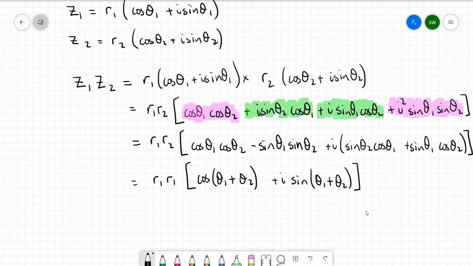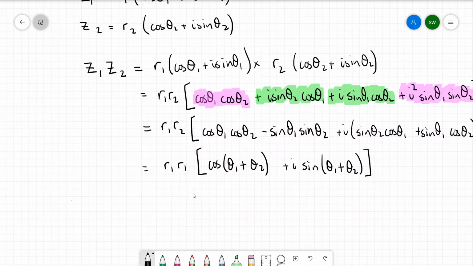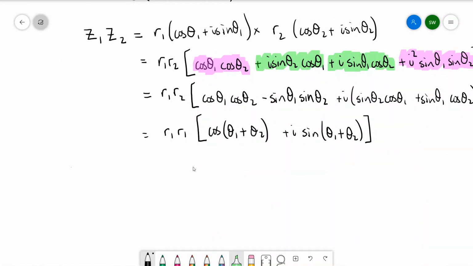So that's a really nice formula. That means that if we've got two complex numbers written in modulus argument form like that, then we can jump straight away to the multiplication just using this formula. Now notice that this actually is a number that's in modulus argument form.